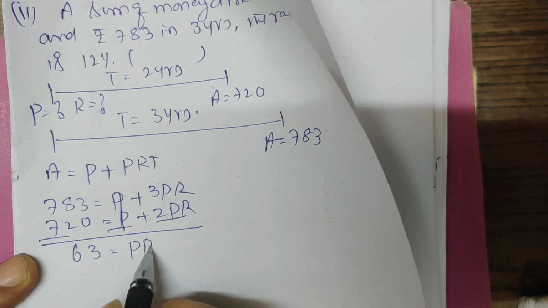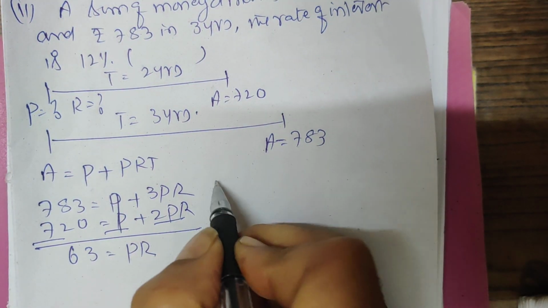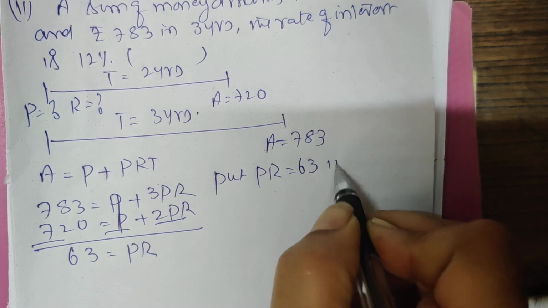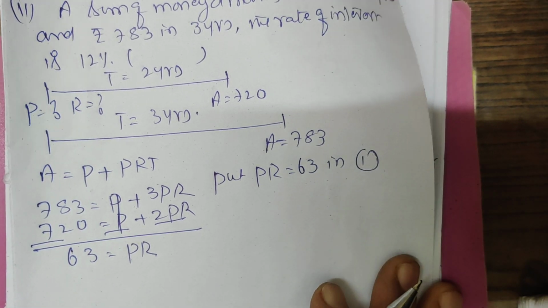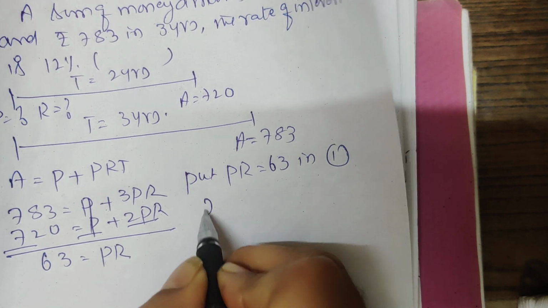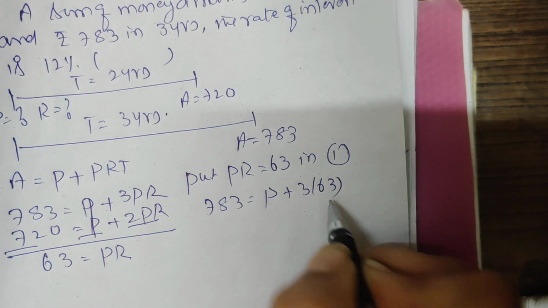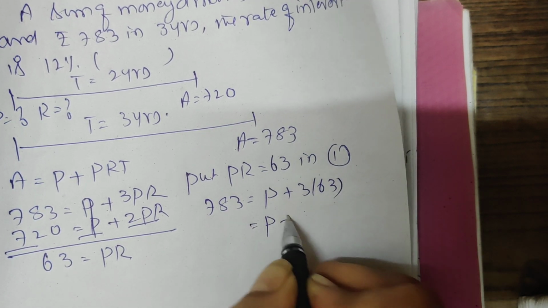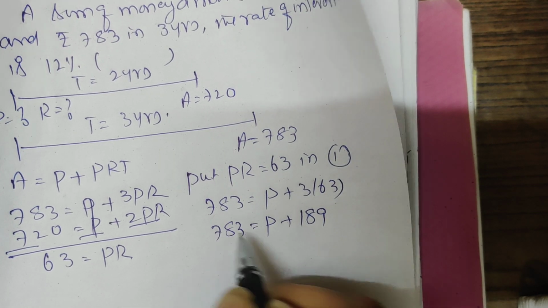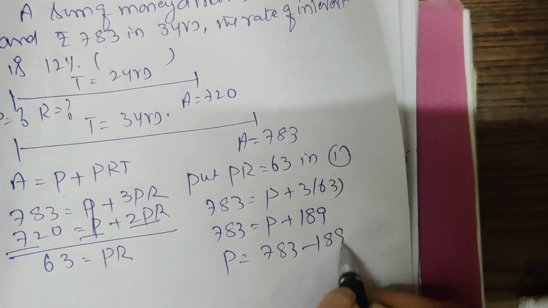63 is equal to PR. Put PR is equal to 63 in 1. 783 is equal to principal plus 3 into 63. Principal is equal to 783 minus 189.